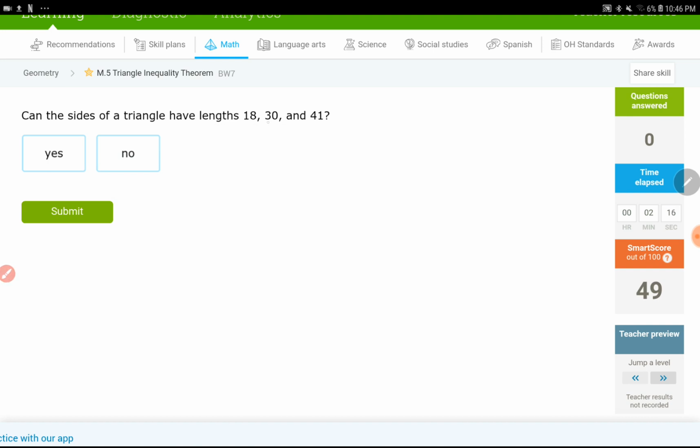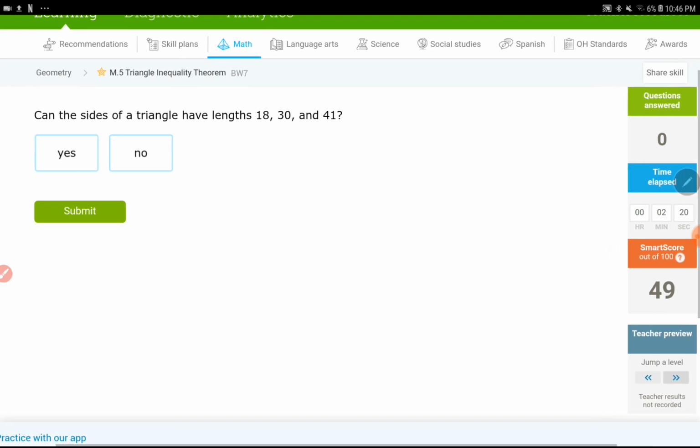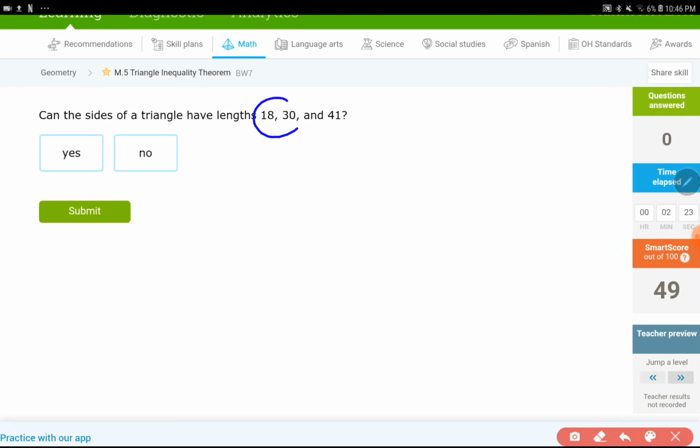For the third one, choose the two shortest sides, 18 and 30. Add them together and see if the sum is greater than the third side. When you add these two, you get 48, and yes, it is greater than 41. This would be a yes.